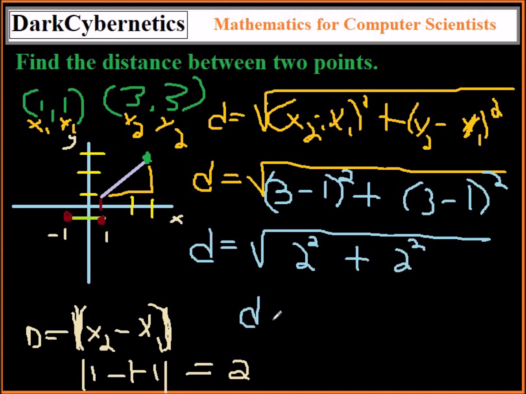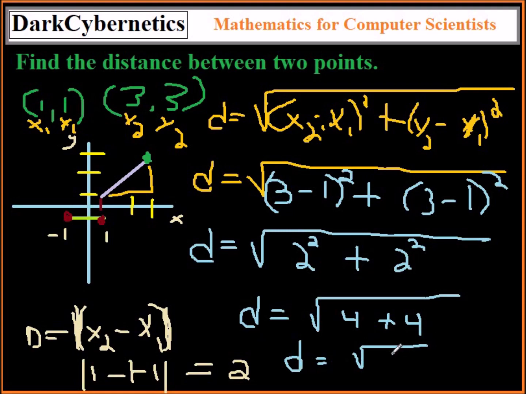And so we know that D is equal to the square root of 4 plus 4, and 4 plus 4 is 8. We would take the square root of 8, and we would in turn get some approximate number for the distance.